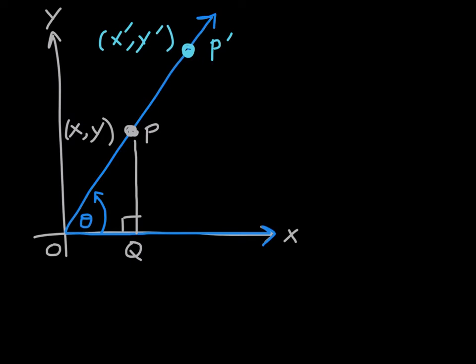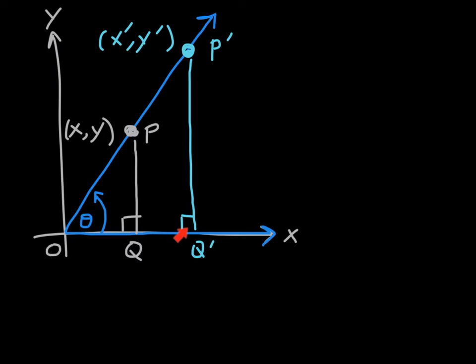And let's do the same thing. Let's draw the perpendicular to the x-axis. It meets the x-axis at a right angle, and let's call this Q prime. Now, we have a different triangle, P prime, O, Q prime.